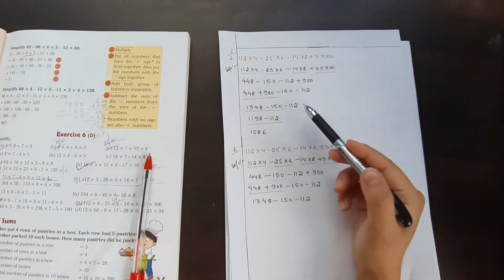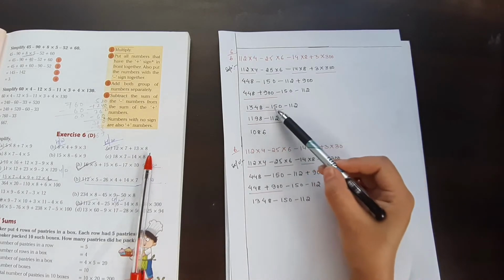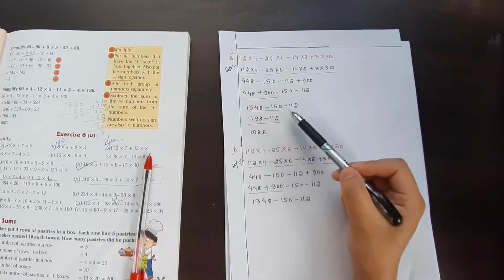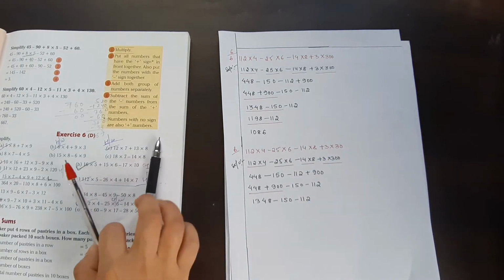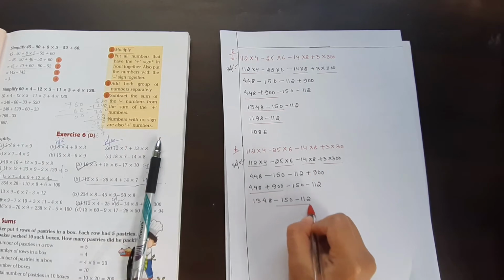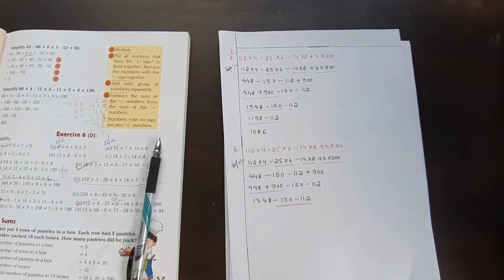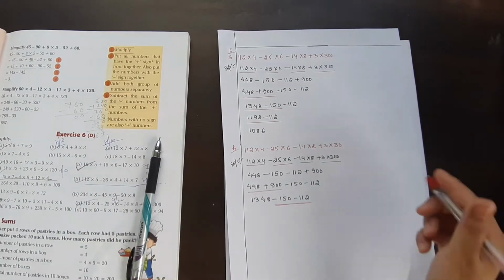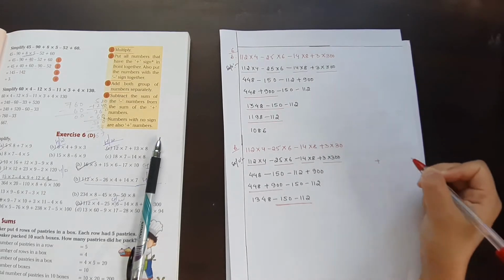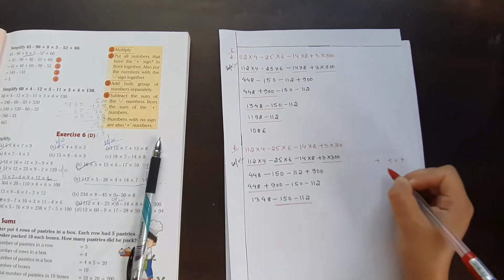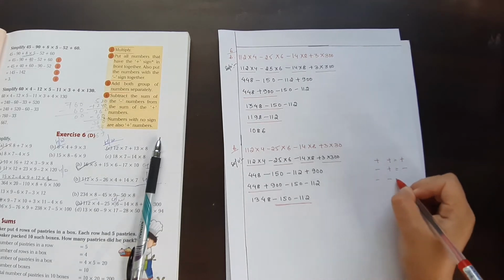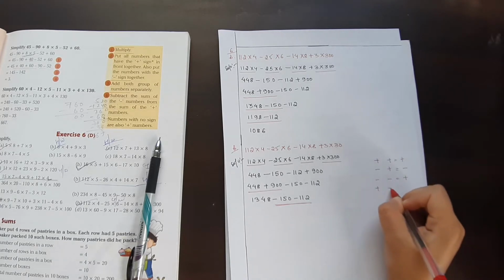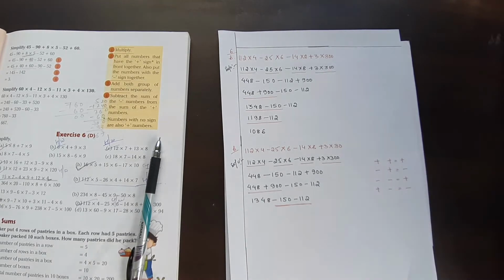Earlier we subtracted these two numbers first, then followed by this number, right? Here you can add these two numbers. There is a particular rule for that: plus plus equals plus, minus plus equals minus, minus minus equals plus, plus minus equals minus.